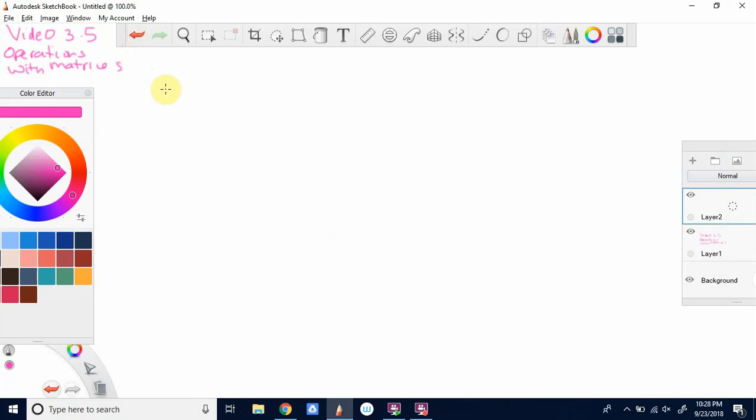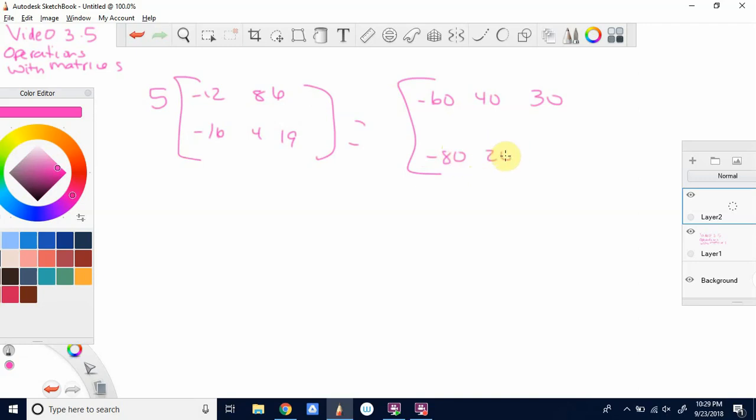All right, so we can write 5, which is our scalar, times -12, 8, 6, -16, 4, and 19. So basically, we're just multiplying 5 times -12 is -60, 5 times 8 is 40, 5 times 6 is 30, 5 times -16 is -80, 5 times 4 is 20, 5 times 19 is 95, and they stay in the same position.